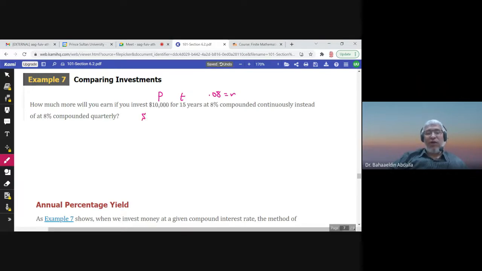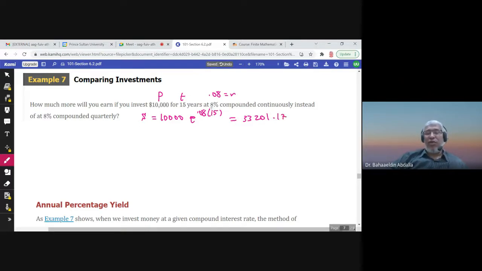The future value in the first case would be 10,000 times e to the power rt, which is 15. So the future value in the first case would be 10,000 times e to the power 0.08 times 15, and the answer is 33,201.17.